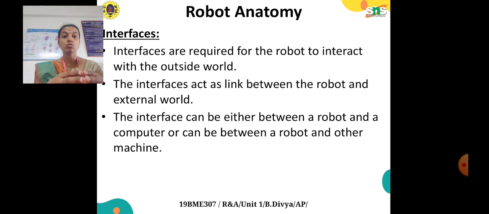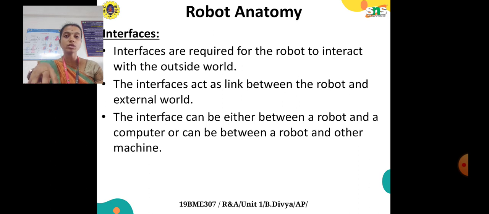Interface. What is an interface? Interfaces are required for the robot to interact with the outside world, right? The interface acts as a link between the robot and the external world. The interface can be either between a robot and a computer or between a robot and another machine.